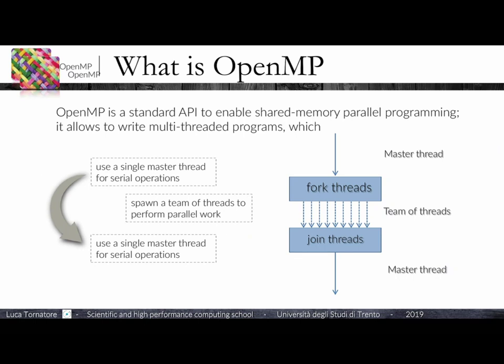Then, what is OpenMP? OpenMP is a standard. It's not a program. It's just a standard. It's a book where the APIs are defined, and then who actually converts your code is the compiler.